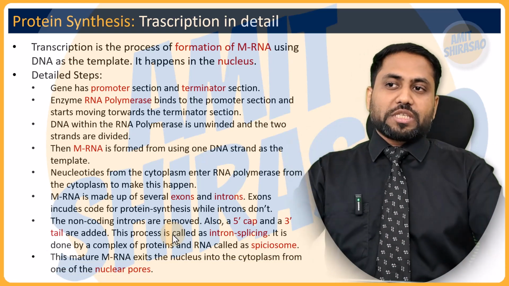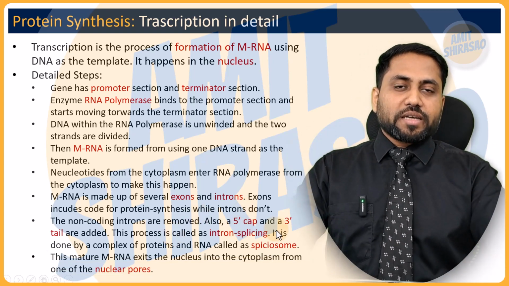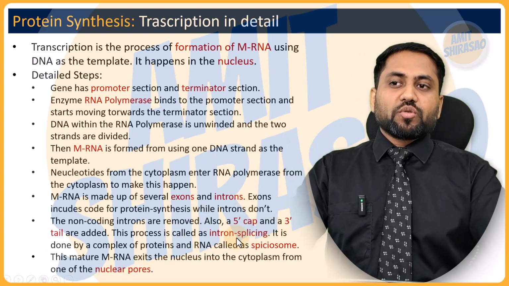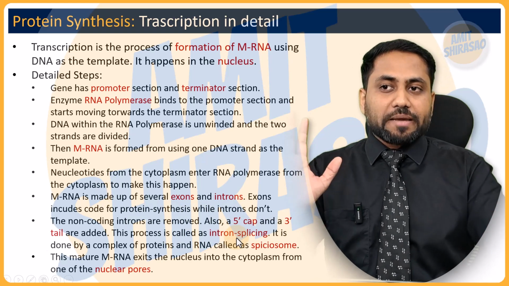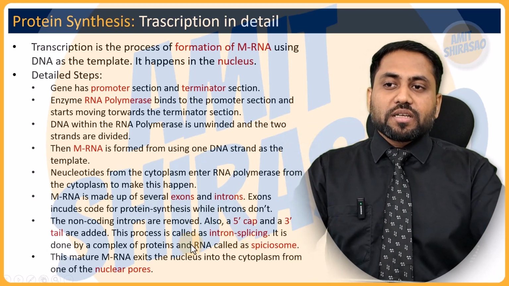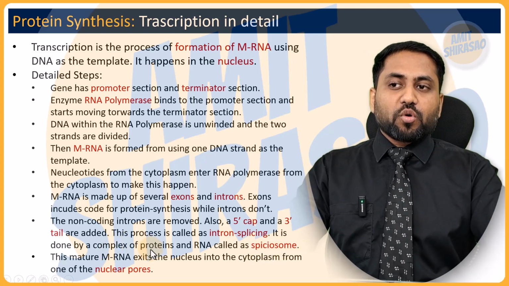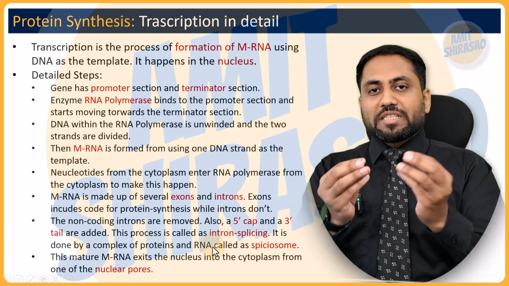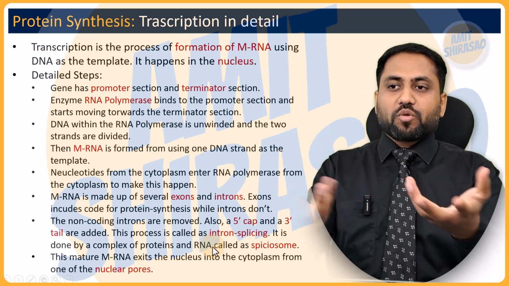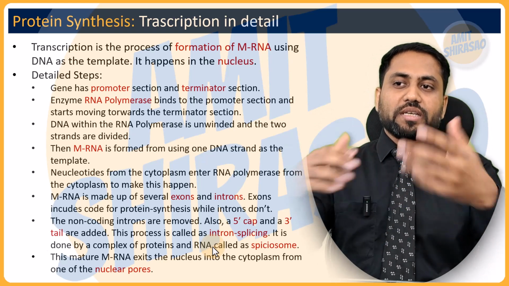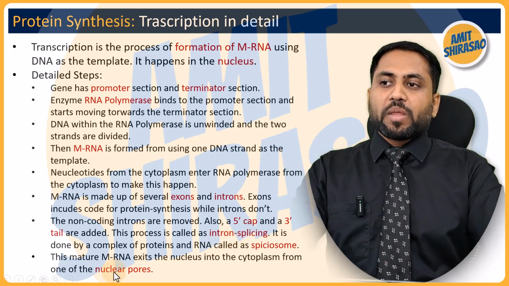So this whole process of removing introns and adding the cap and tail is together called intron splicing. Who does it? It is done by the spliceosome. What is a spliceosome? A spliceosome is a complex of proteins and RNA. Proteins and RNA form a complex called the spliceosome, and it does this intron splicing.